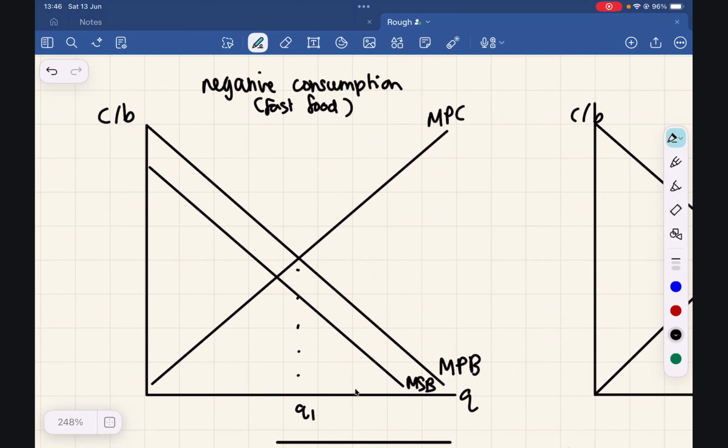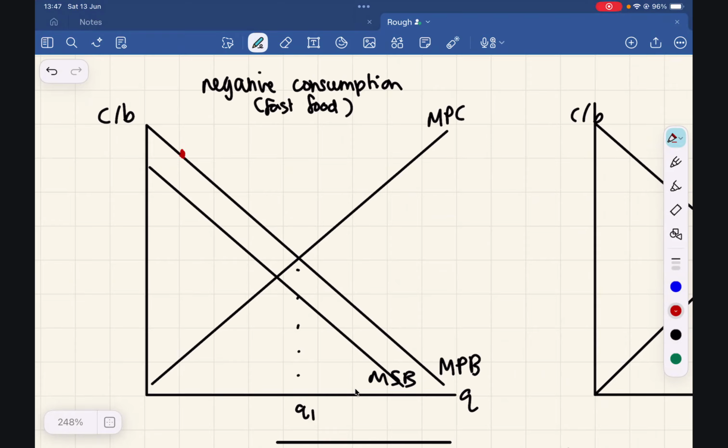Does that make sense? Think of marginal social benefit as the same as marginal private benefit, plus we factored in the rest of society's preferences as well. So, for example, the buyer enjoys his McDonald's, his fast food.